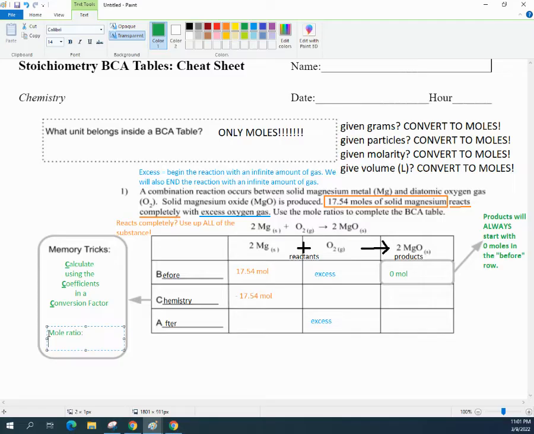So that would be the number of moles of X for the number of moles of Y. This is our mole ratio, the conversion factor that we are going to be using. And it depends on what we are working with as far as which numbers go in there. But those numbers are the coefficients from the chemical equation.